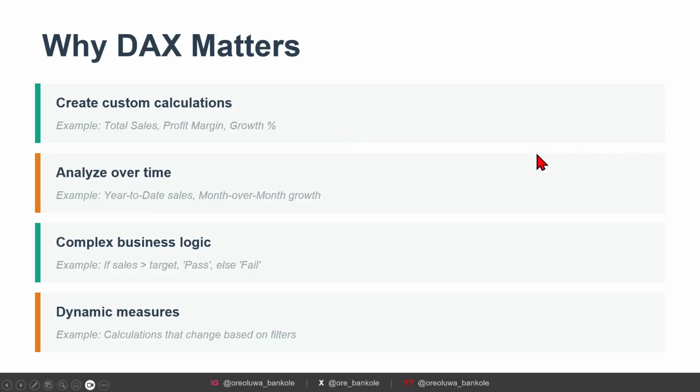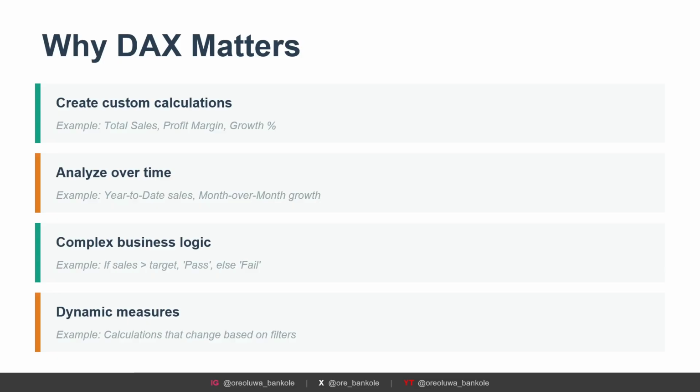Now, this DAX, why does it matter? Why is it important that we learn how to write DAX? Because one of the characteristics of DAX is that, unlike Excel, where you're working with individual cells, DAX works with tables and columns.